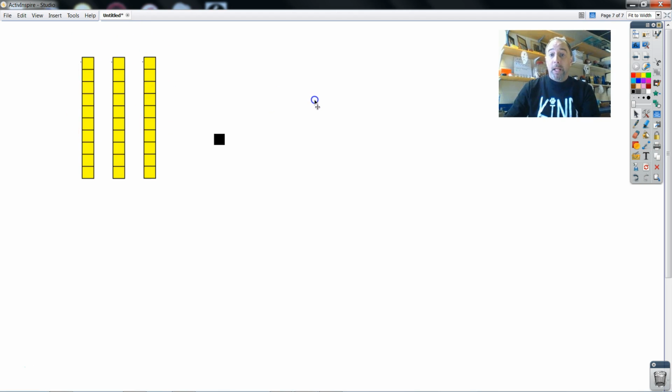So to look at our final example here, I have 1, 2, 3, right? So I have a decimal and 3 tenths, right? But if I count, how many do I have? If I count all the little squares in the rods, I have 30 hundredths. This does not change the value though. I still have 3 tenths.